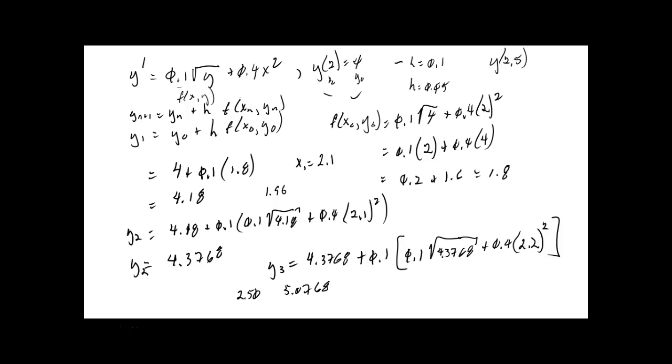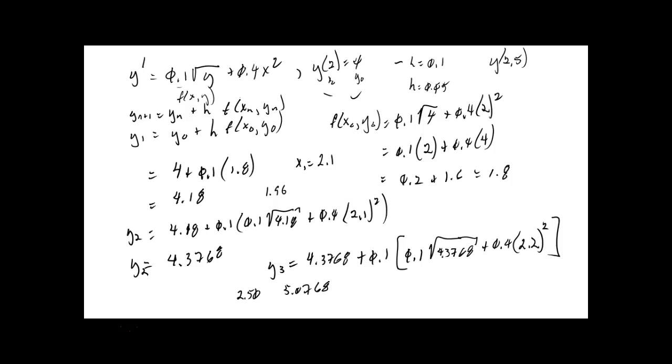That's doing 0.1, okay? I don't have room to do it on the screen, but you know what happens if you're using 0.05. Then the h changes to 0.05 every time, and that changes your calculations.